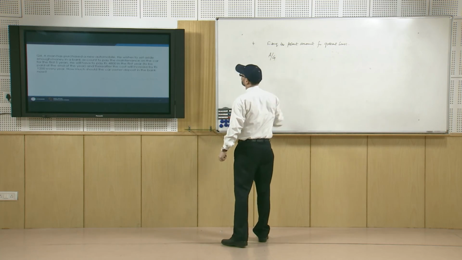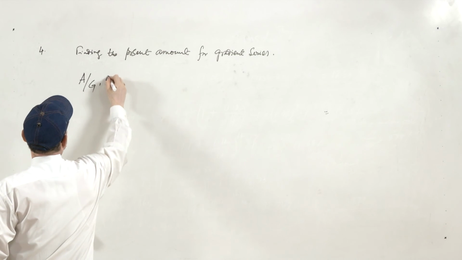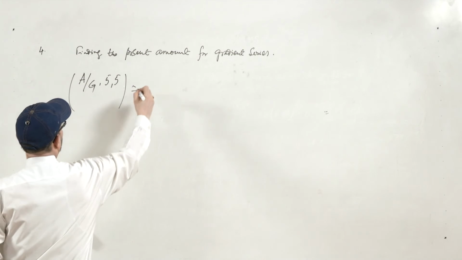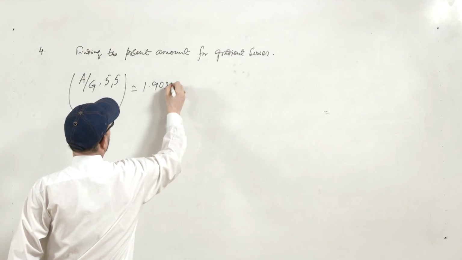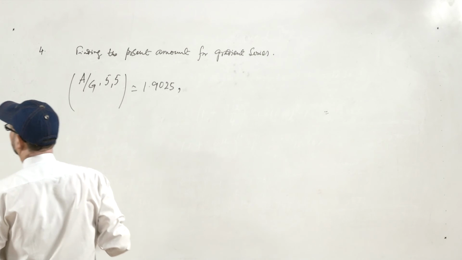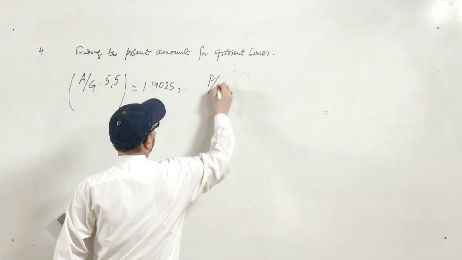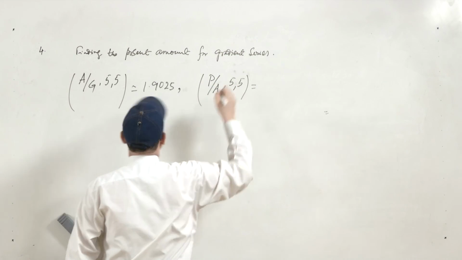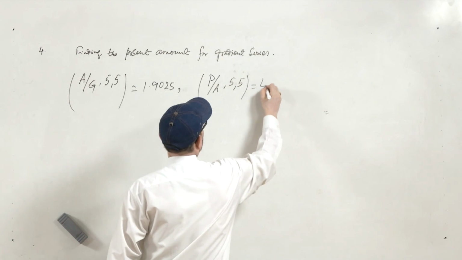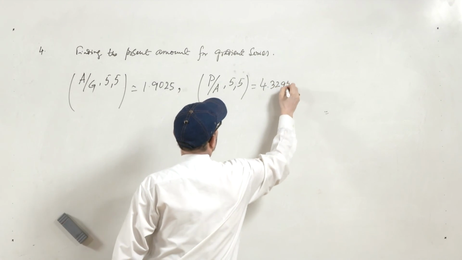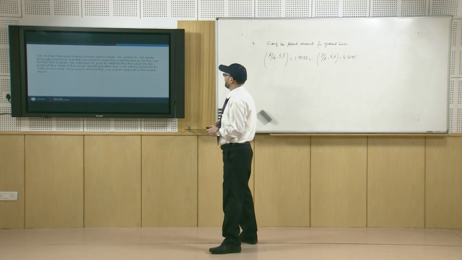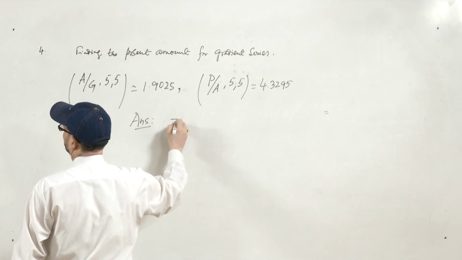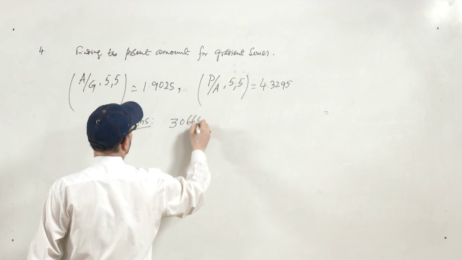A by G 5, 5 is given as 1.9025, and P by A 5, 5 you can have as 4.3295, and the answer is 30665.